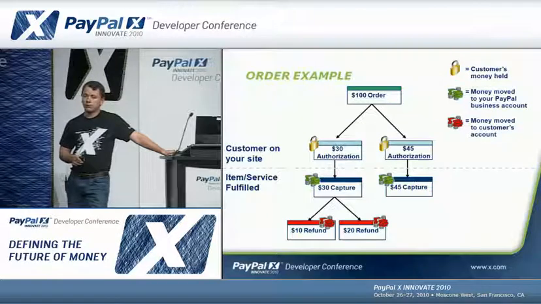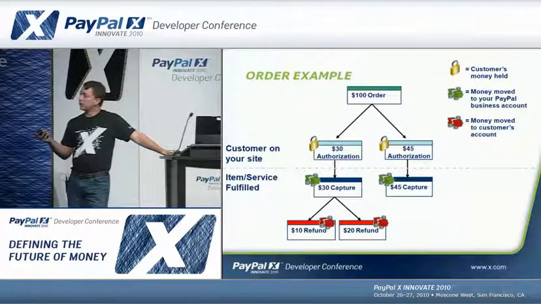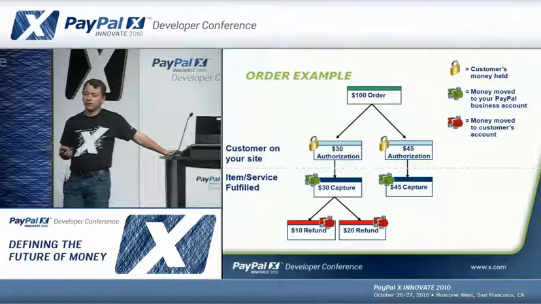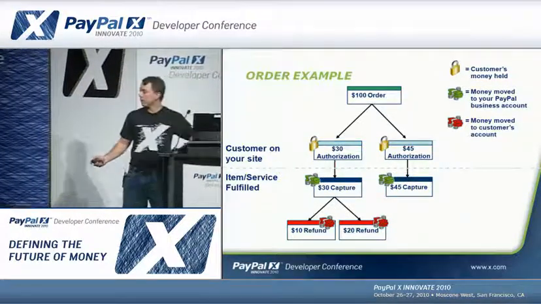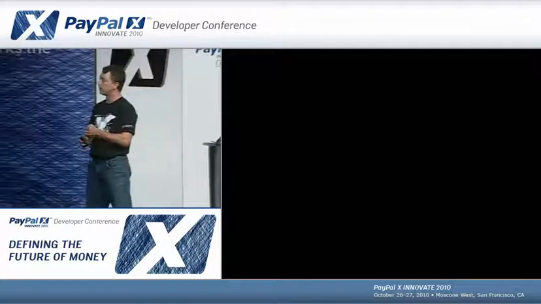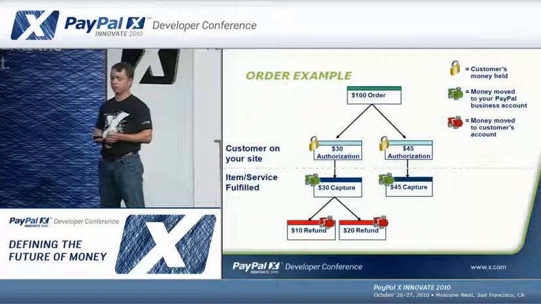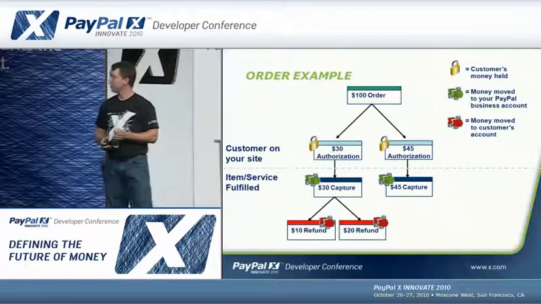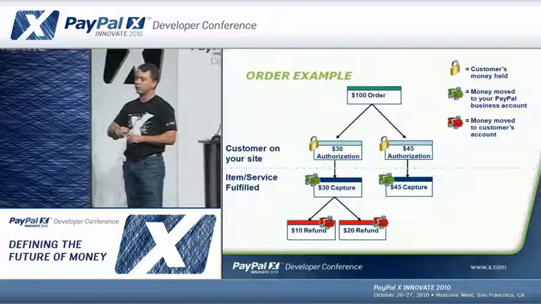Now, in a more complicated scenario where you're using the payment action equal to order, in this case, you're able to create multiple authorizations. So in our example here, they created two authorizations, one for $30 and one for $45. Anyway, from there, they can actually take the authorizations and do multiple captures.